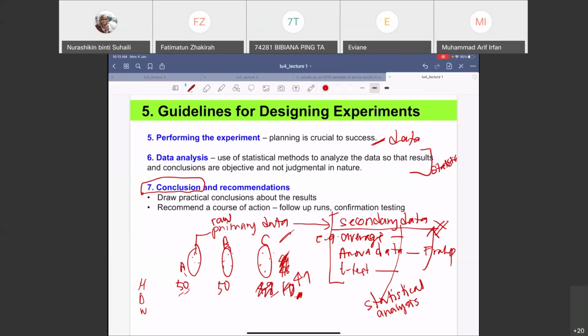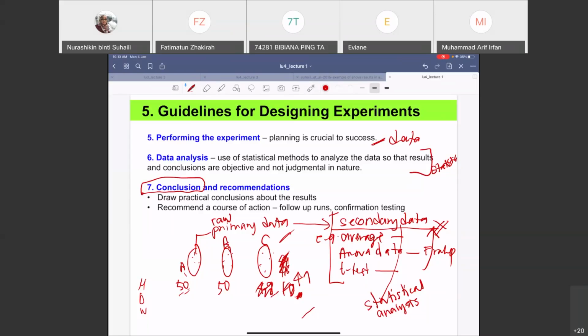It must say what the conclusion is. Like, for example, in this case just now, the conclusion will say that the data from area A, the beetles from area A, will be different from area B and C, right?